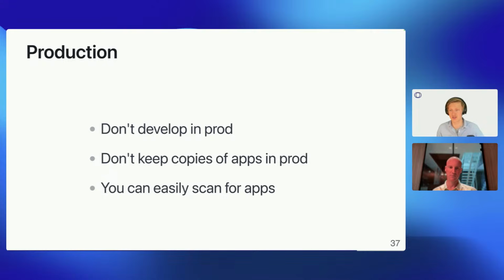You can easily scan for apps with the alt URL, f?p, you can just iterate the numbers, you find every app that's on your environment, you find these outdated apps, and maybe the new app has different security settings, so the old one doesn't work anymore, but it lets people see stuff they're not supposed to or something. Just, it's dead weight, just remove it, keep it out of prod.